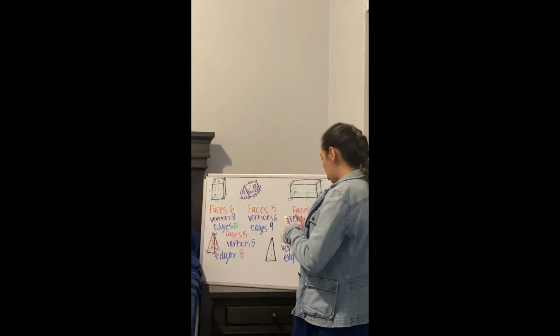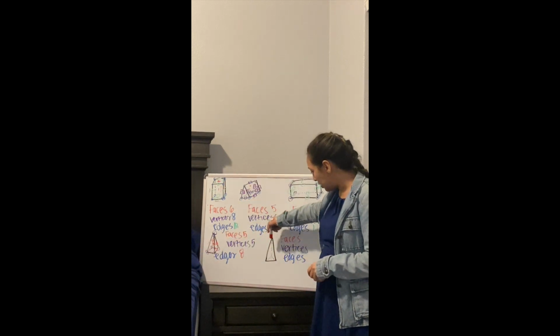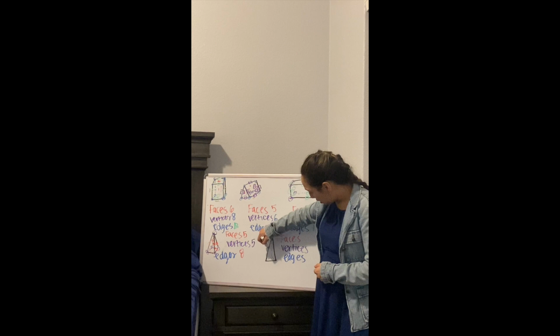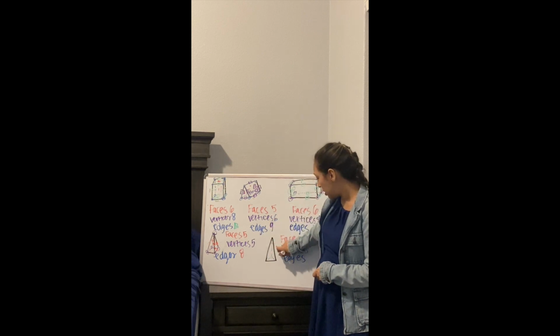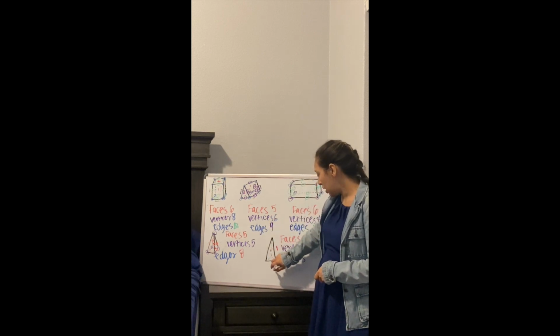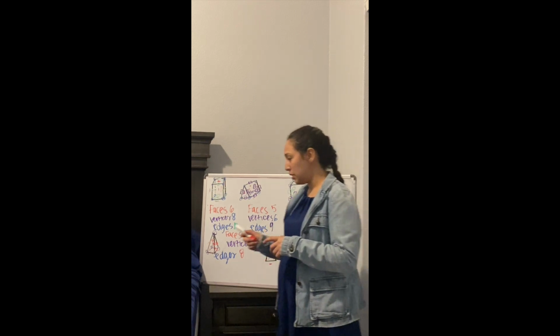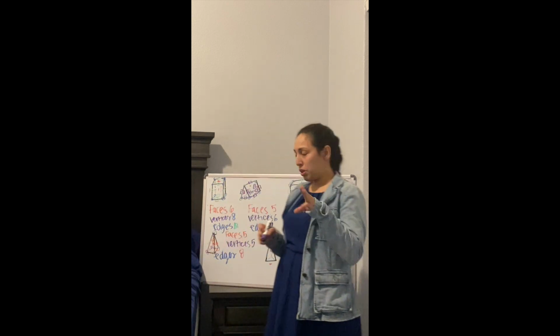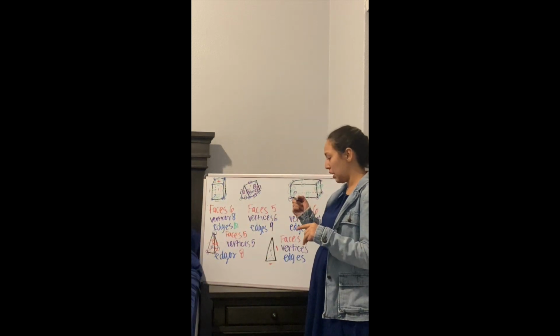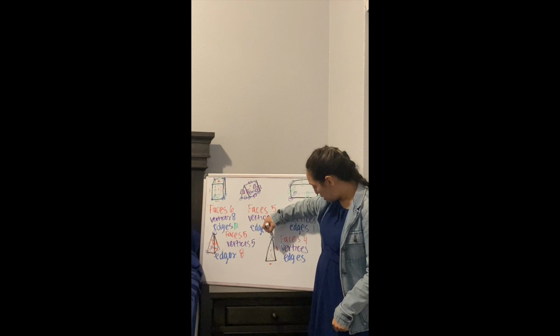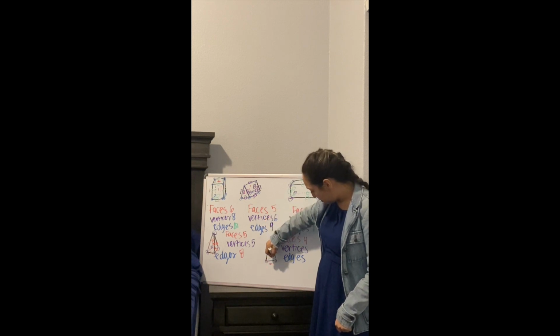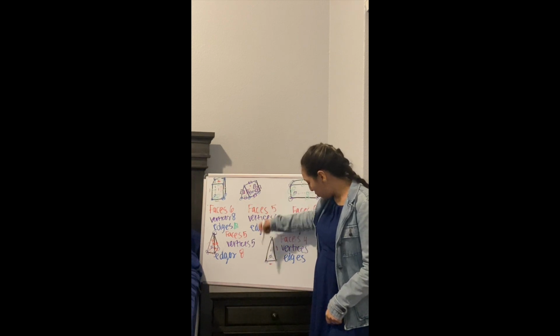So let's compare it to our triangular based pyramid. So faces, it has the one on the side over here, the one on this side over here, and then the one on the front and the base. So 1, 2, 3, 4 faces. And then let's find our vertices, which is the point where the 3 points come together. 1, 2, 3, and then 4.